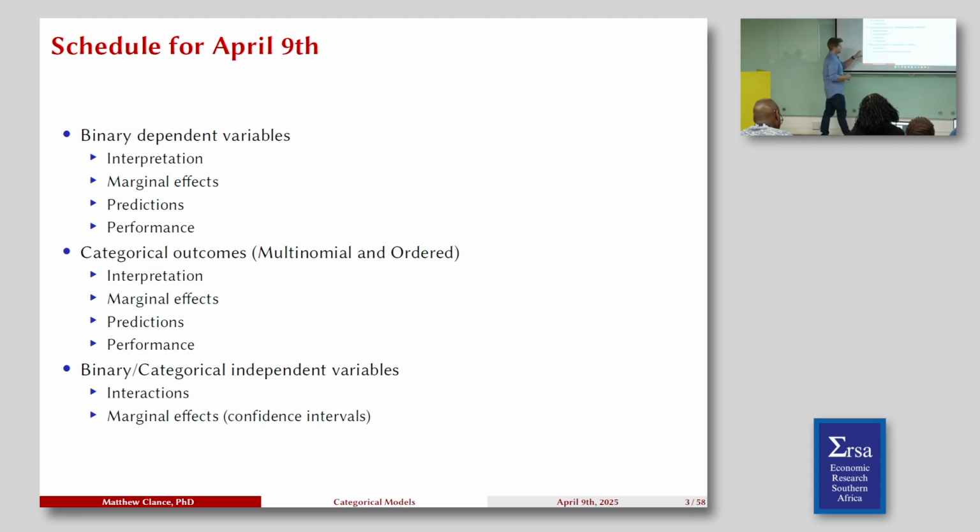Then we're going to look at binary categorical independent variables, so we're going back to categorical right-hand side variables. I just want to give some information on interactions, which are going to act a little bit differently here, and then also marginal effects and confidence intervals. This is really stepping away from what you're used to in terms of OLS or any type of linear model like this.